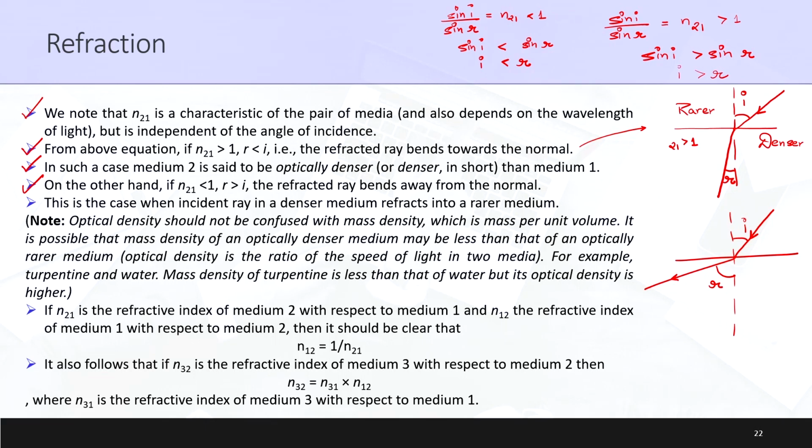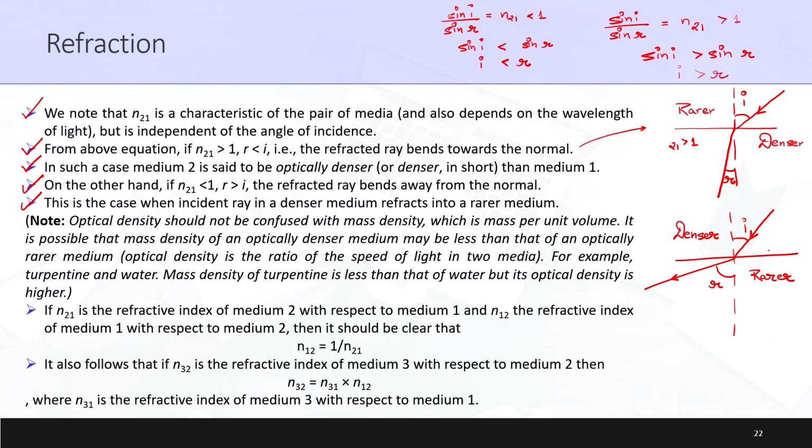This is the case when the incident ray in a denser medium refracts into a rarer medium, that means this is the denser medium now and this is the rarer medium now. This is the only explanation given in these 4 points. Okay, I explained every line here.